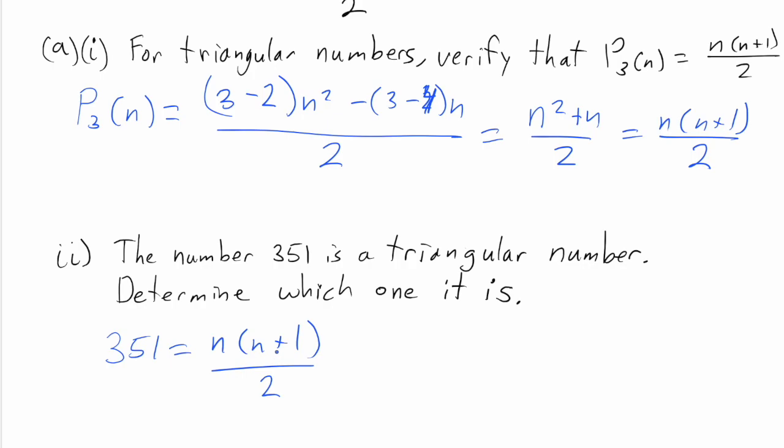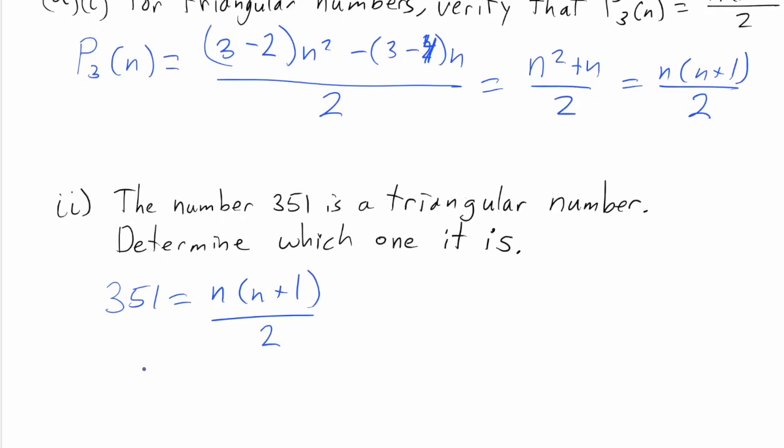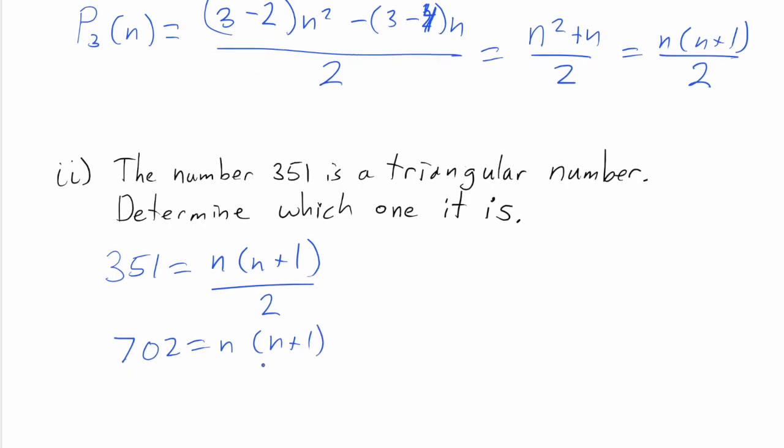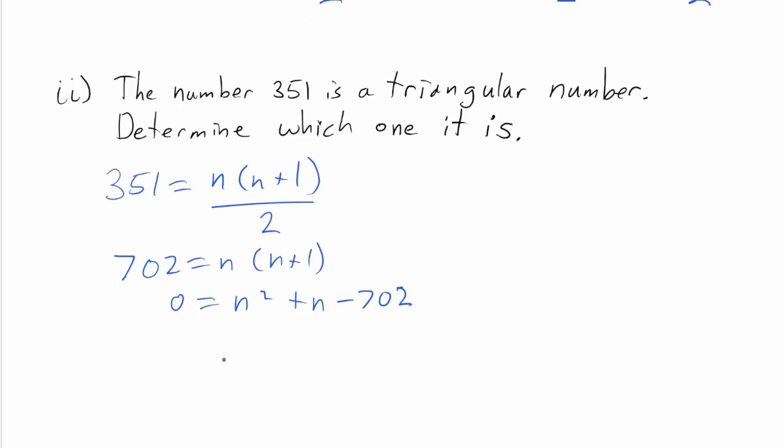You can solve by factoring, you can solve by graphing on your calculator and finding the points of intersection, or you can solve by quadratic formula, which is what I'm going to do. So let's multiply both sides by 2, and that's going to be 702 equals n times n plus 1. 0 equals n squared plus n minus 702, and you can factorize this, but it's not easy to see. So let's just use the quadratic formula.